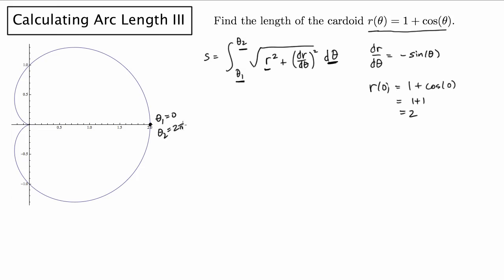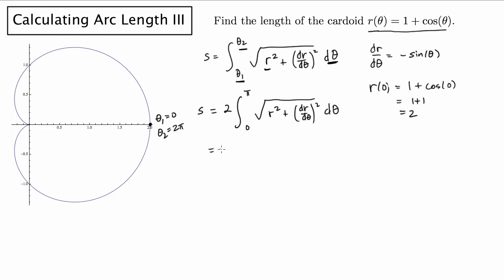And there's a lot of different ways you could handle this. My preference would be to just multiply the length by 2 since we're using the symmetry here, and to say that the arc length is twice the integral from 0 to pi of the square root of r squared plus (dr/d theta) squared, d theta.